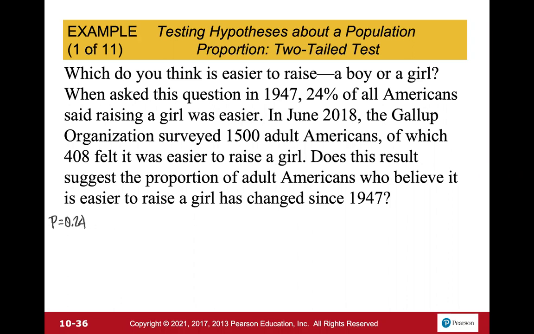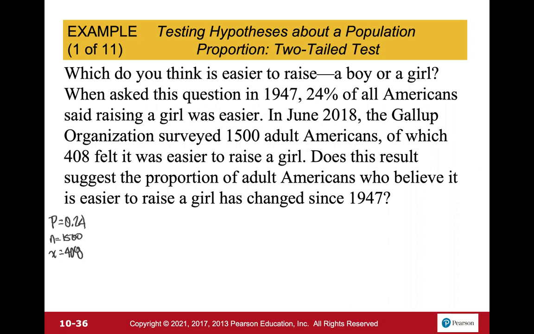In June 2018, the Gallup organization surveyed N equaling 1,500 adult Americans, of which X equaling 408 felt it was easier to raise a girl. Does this suggest that the proportion of adult Americans who believe it is easier to raise a girl has changed? And we don't have an alpha. Maybe we'll get an alpha here in a bit.